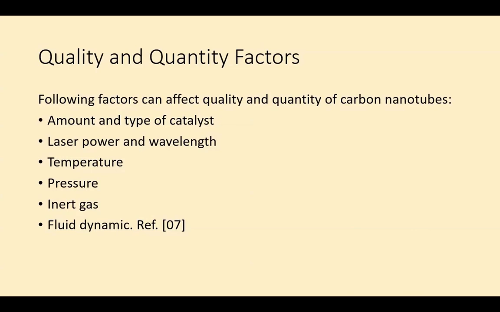Also, there are some quality and quantity factors that affect fabrication of carbon nanotubes. First is the amount and type of catalyst. The amount and type of catalyst affects carbon nanotube synthesis.